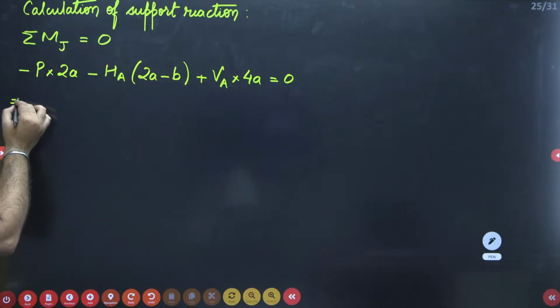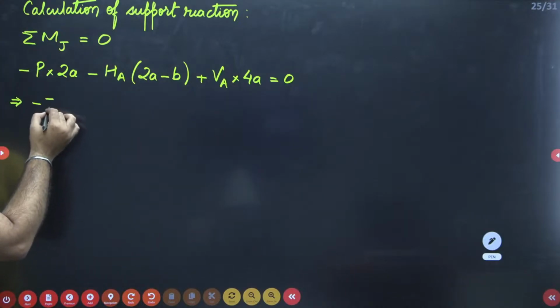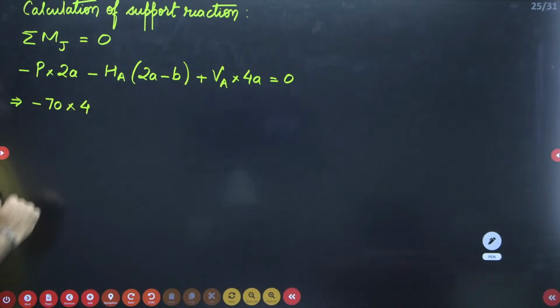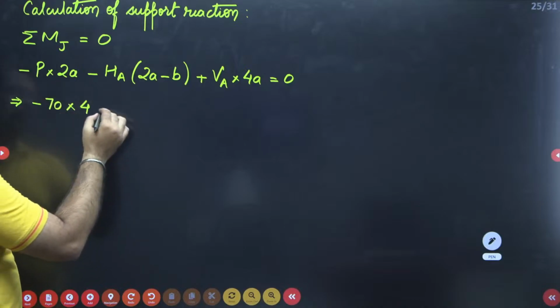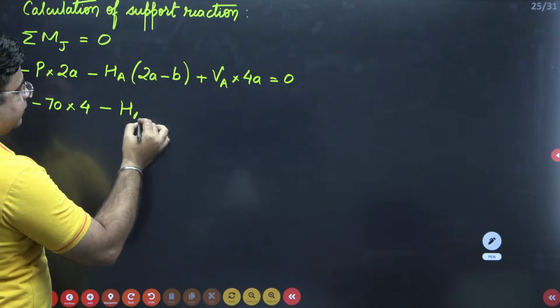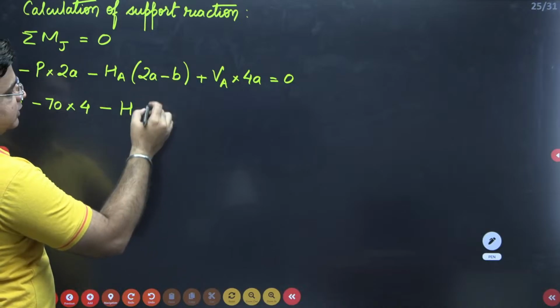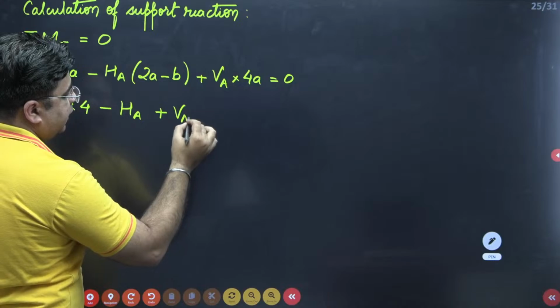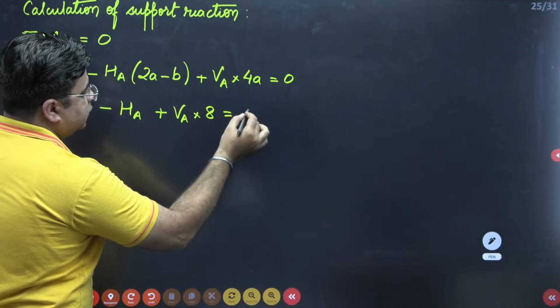So P is 70. So minus 70 into 2A. Sorry, this A is 2 meters, so 2 into 2 is 4. Minus HA. A is 4, 4 minus 3 is 1. So this is 1. Plus VA into 8. This should be equal to 0.